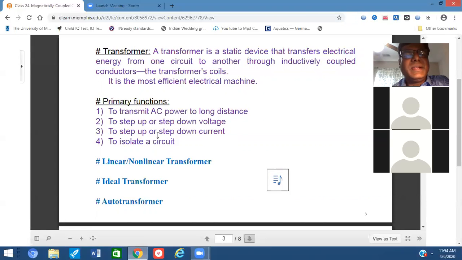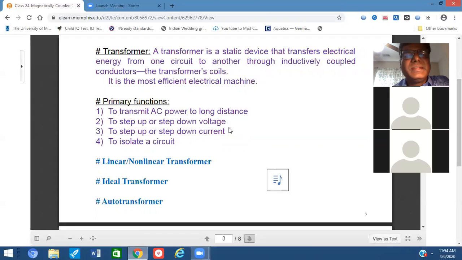Number 2, it can step up or step down voltage. For example, you have 100 volts on the primary side coil. If you like, you could make it 10,000 volts or 1 million volts, whatever. It just depends on how you design the coils, how many turns you put on the coil.